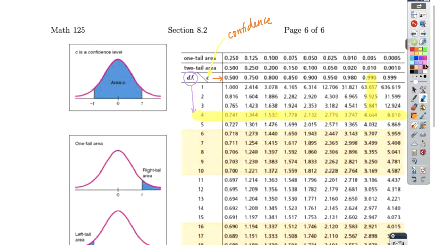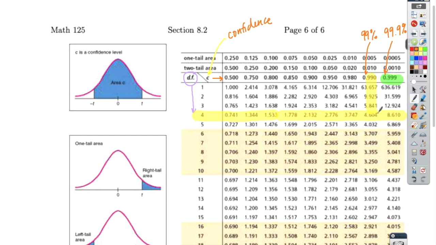Now, I'll write that in just a second, but let me point out a potential pitfall on this table. There's also 0.999, but 0.999 is a confidence level of 99.9%. There are two decimals here that start with 0.99, so make sure that you're using 0.990. 0.990 is 99%, 0.999 is 99.9%.